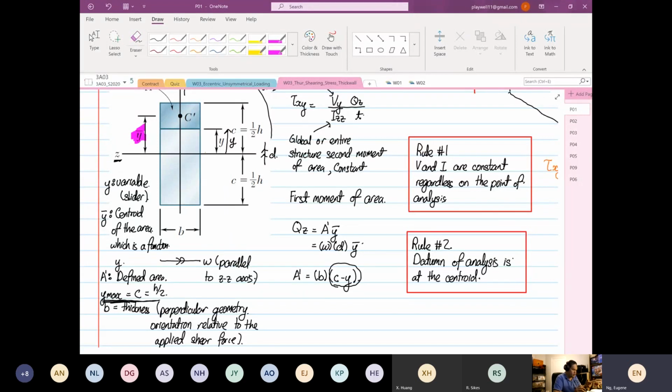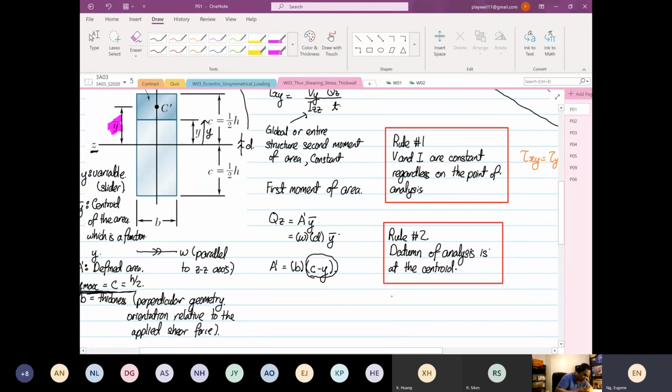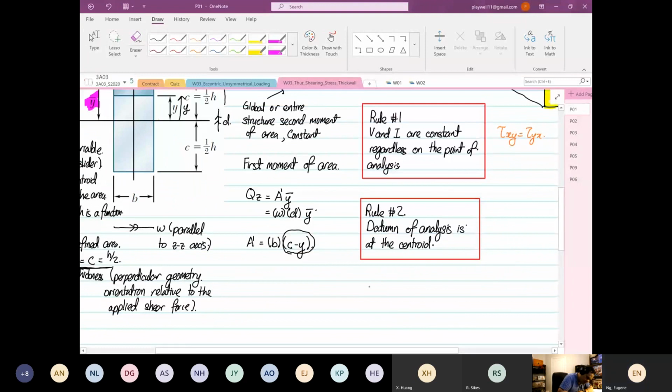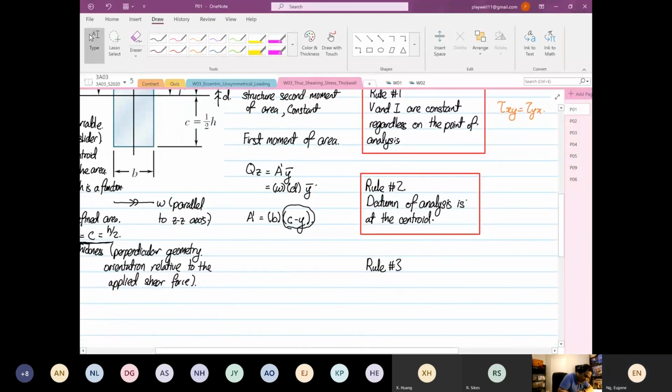So rule number 3, that we can specify now, is the analysis will start where the Y variable is at its maximum. So this is rule number 3.